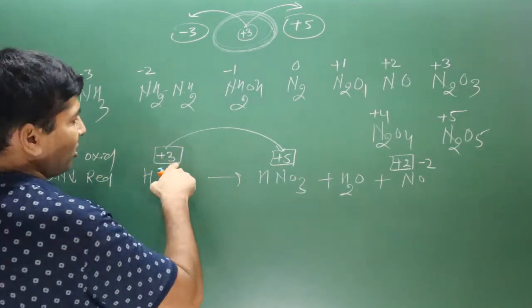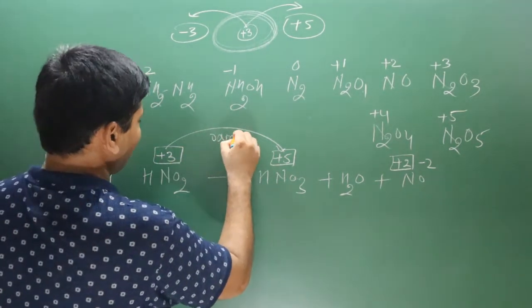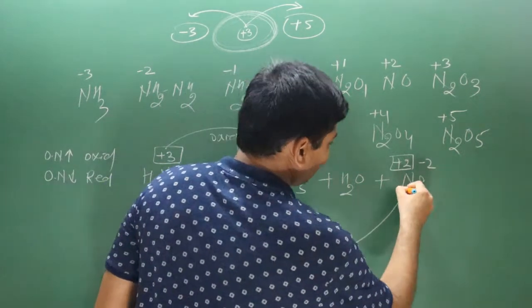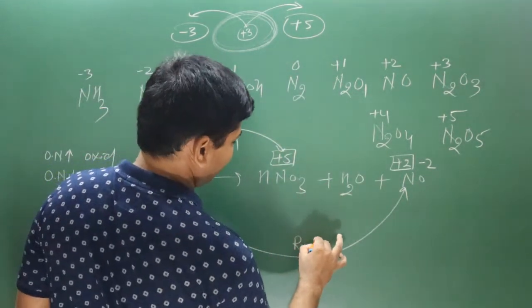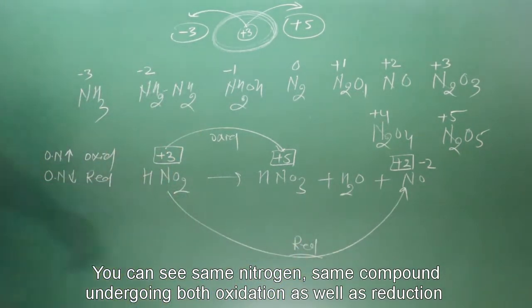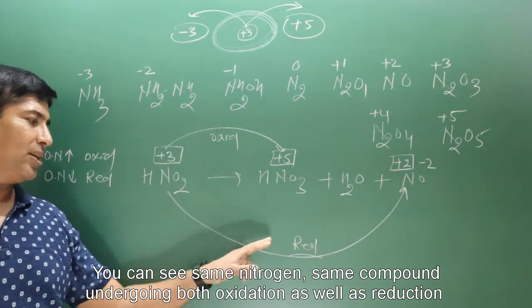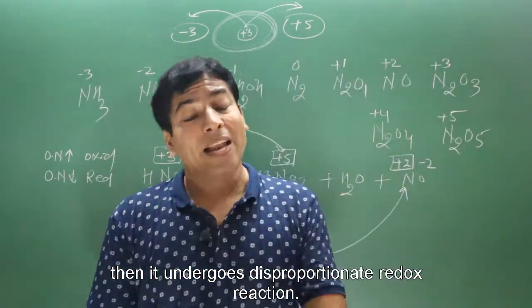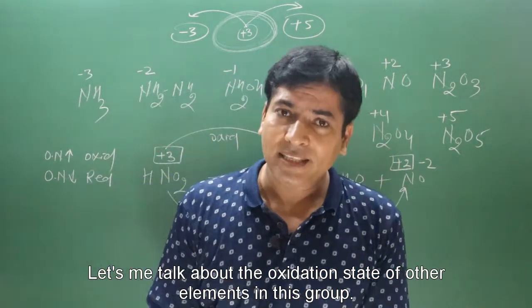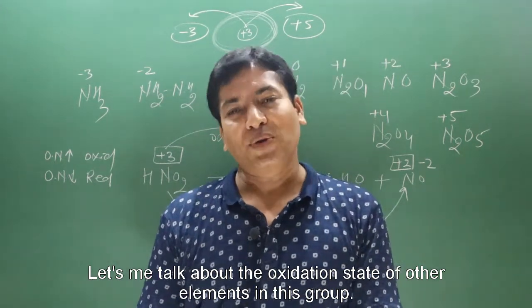So +3 to +5 is oxidation. Then another nitrogen goes from +3 to +2, a decrease in oxidation state, which is reduction. You can see the same nitrogen in the same compound is undergoing both oxidation and reduction, so it undergoes a disproportionation redox reaction. Let me talk about the oxidation states of other elements in this group.